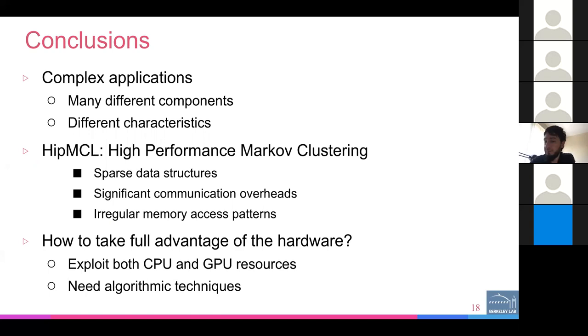In order to take full advantage of the hardware, we propose ways to exploit both the GPU and CPU resources. And we presented new algorithmic techniques to take full advantage of the underlying hardware.